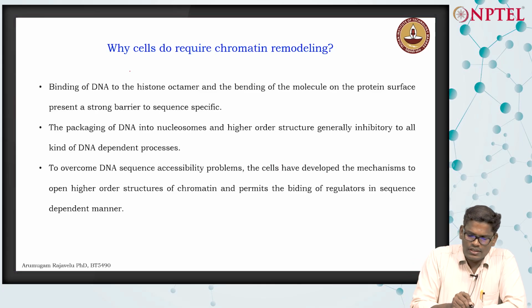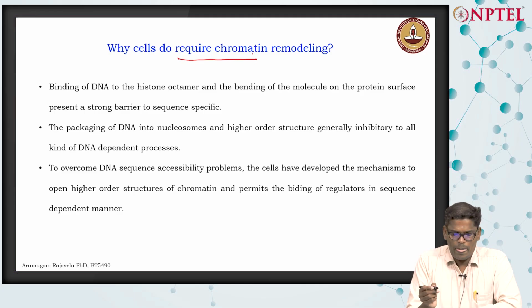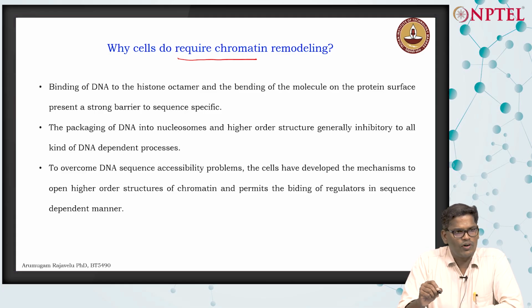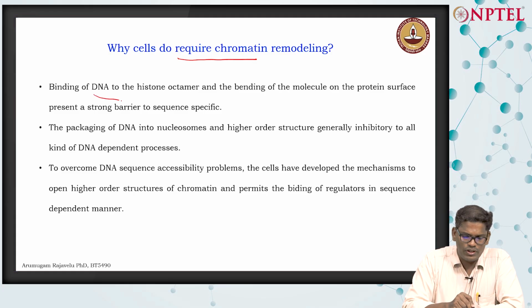So, why do cells require chromatin remodeling? Because when a cell wants to express a particular gene, to be transcribed into mRNA, the DNA is not freely available, right? DNA is bound with histone proteins.